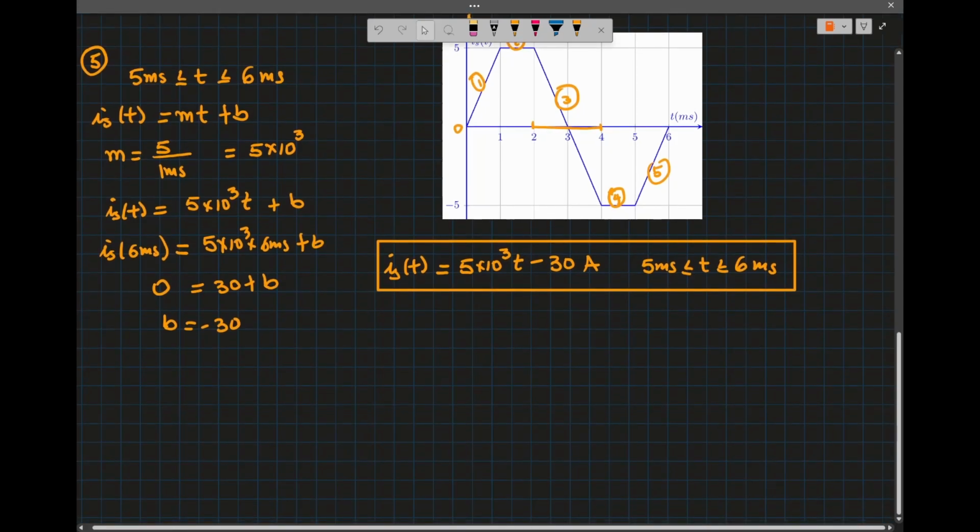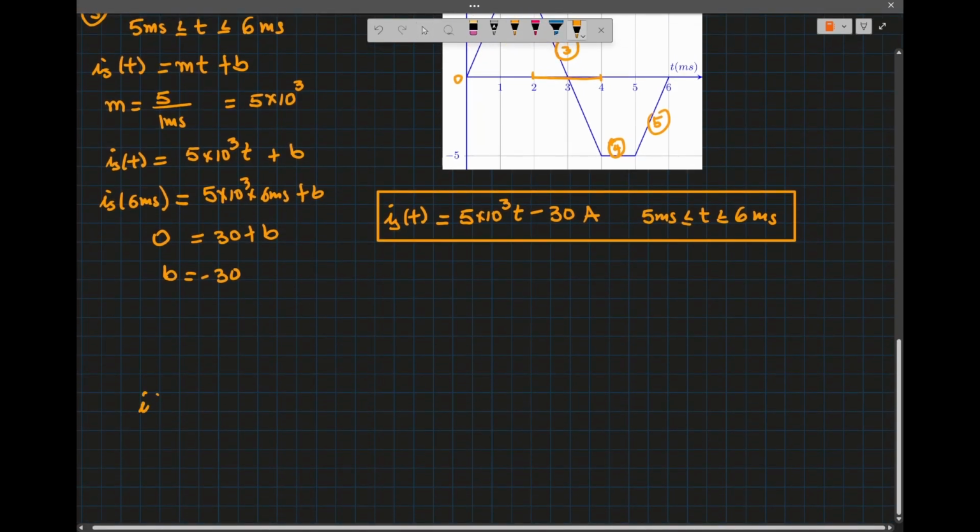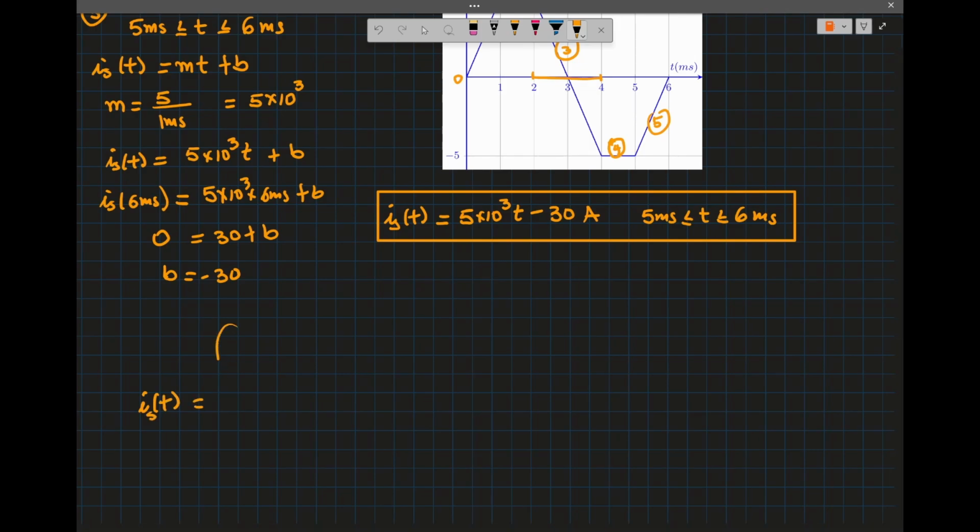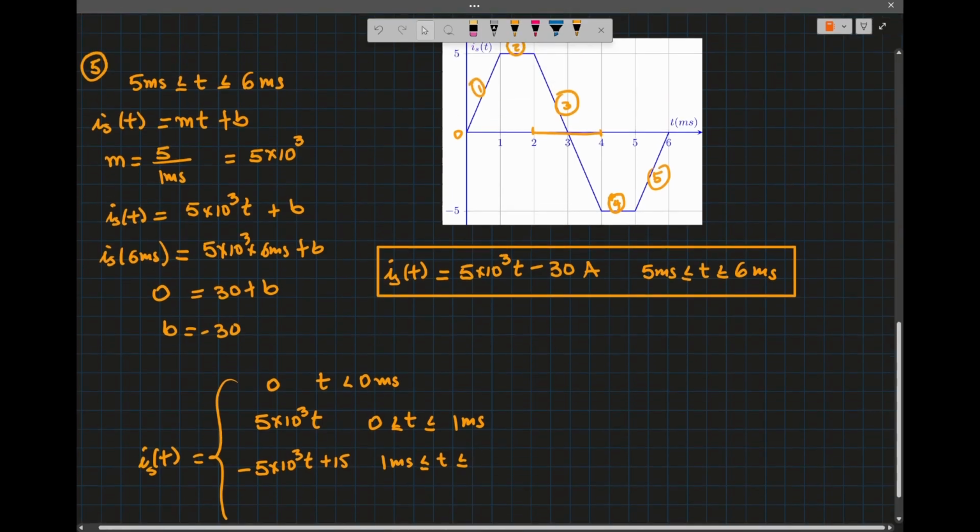So to put it all together, we know that i of t is equal to 0 for t less than 0 milliseconds, and then 5 times 10 to the 3 t for 0 less than t less than or equal to 1 millisecond. Then we have -5 times 10 to the 3 t plus 15 when 1 millisecond is less than or equal to t less than or equal to 2 milliseconds.